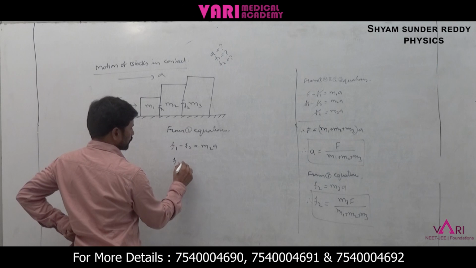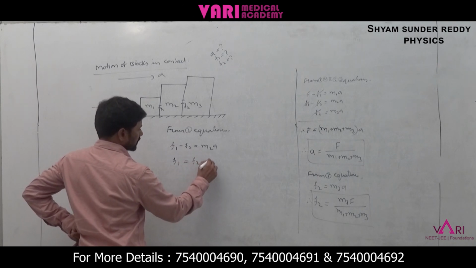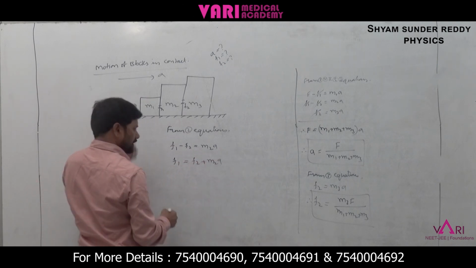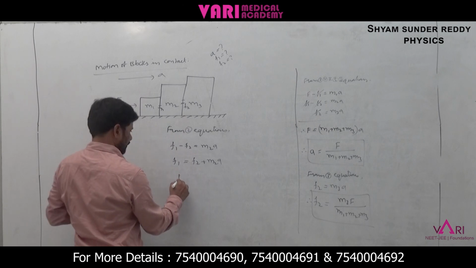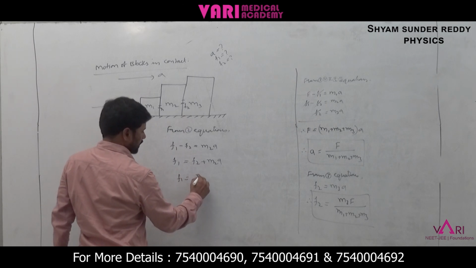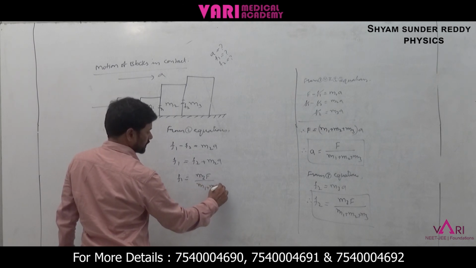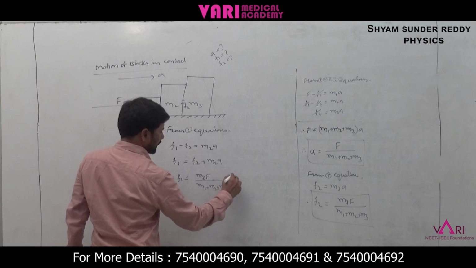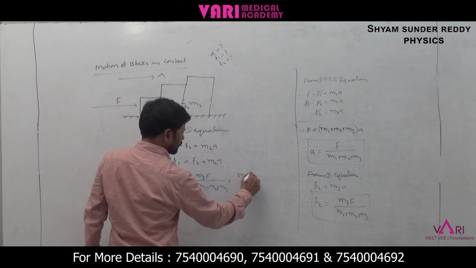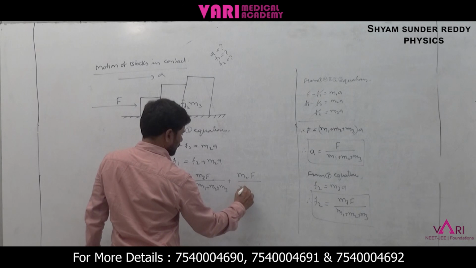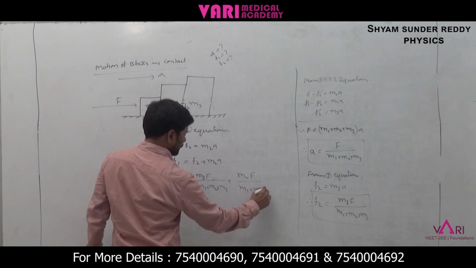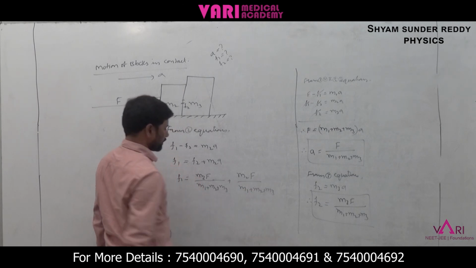F1 minus F2 is equal to M2A, so F1 is equal to F2 plus M2A. What is F2? F1 is equal to M3F by M1 plus M2 plus M3, plus M2F by M1 plus M2 plus M3.